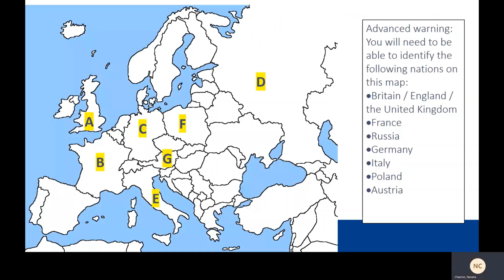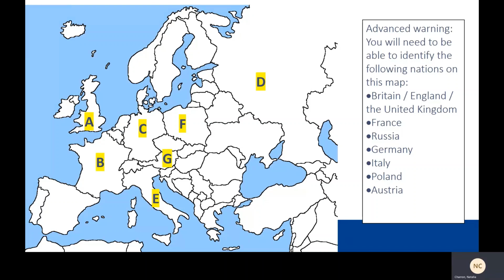As a reminder, you need to know where these places are on a blank map, like soon. Luckily for you, as we go through this next section, you're going to be learning a lot of detail about most of these places. I say most because Poland didn't exist at the time, confusingly.